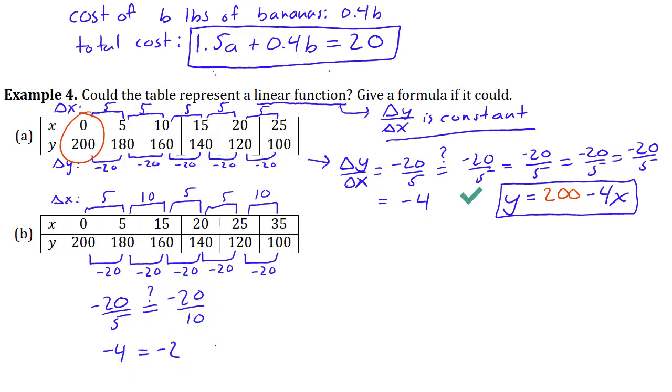So that means there's a different slope from here to here between these 2 points, which is negative 4, and then from these points you get negative 2, so that's a different slope, so it's not linear.